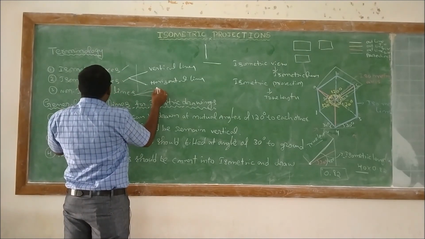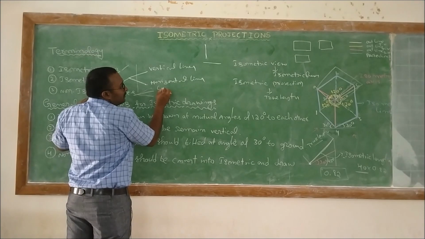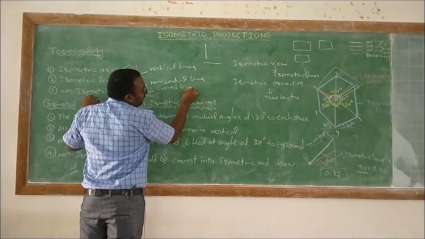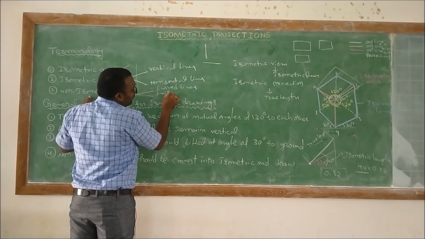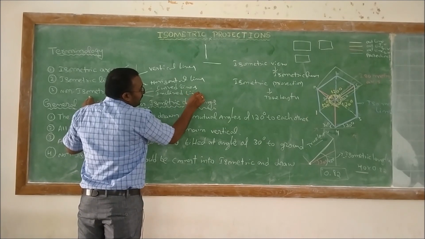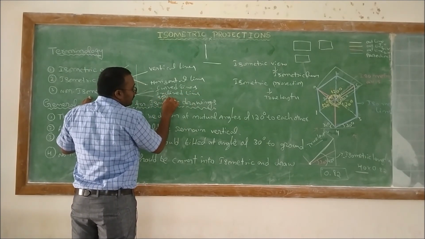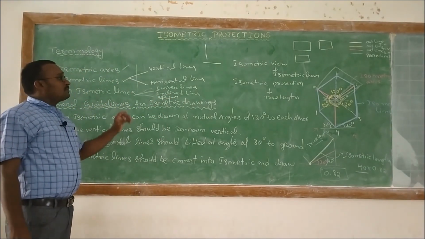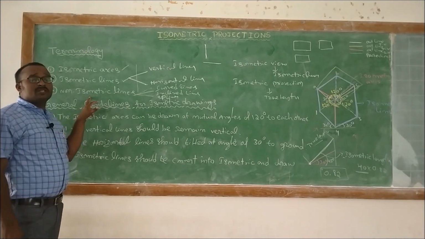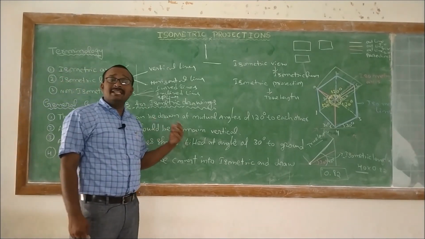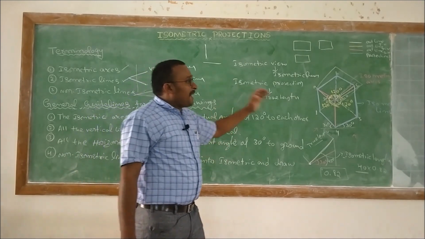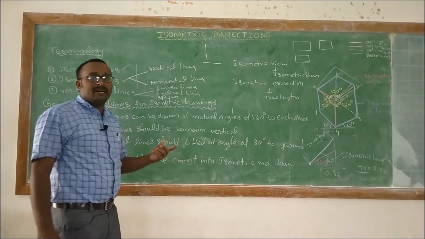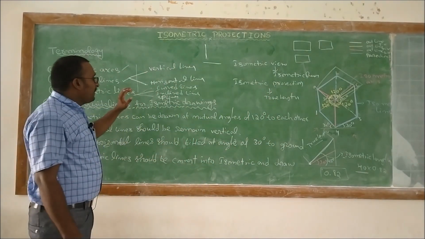So non-isometric lines are curved lines, inclined lines, and splines. These three come under non-isometric lines, because curved lines, inclined lines and splines may not be parallel to any one of the axes. So those lines are known as non-isometric lines. Clear? That's a major important thing.